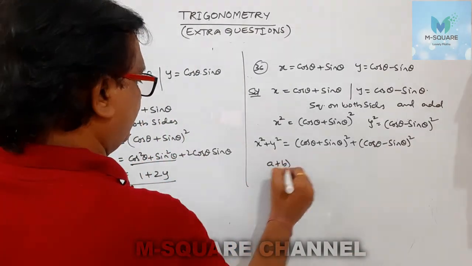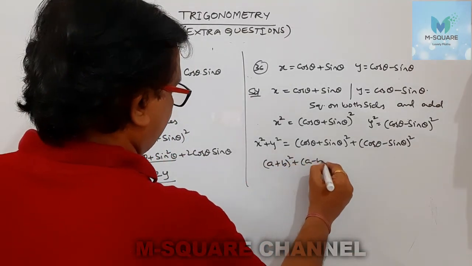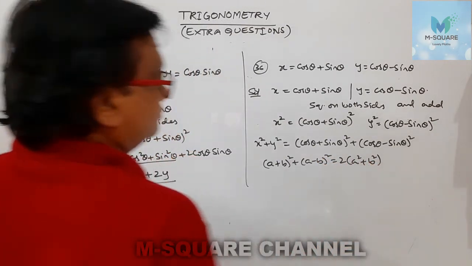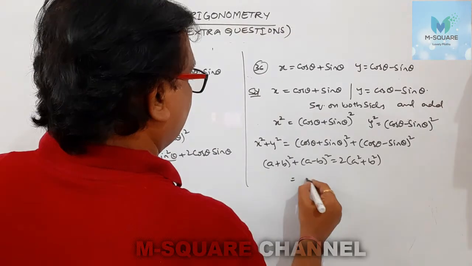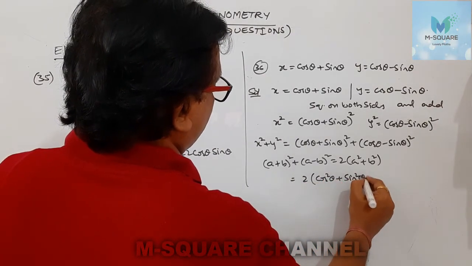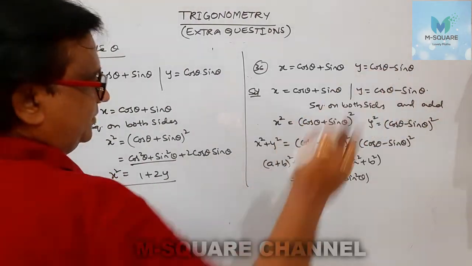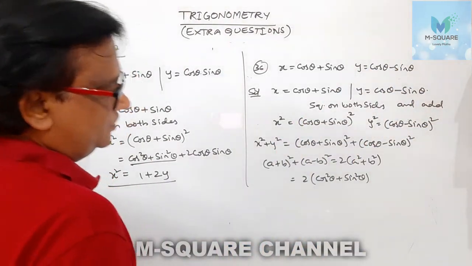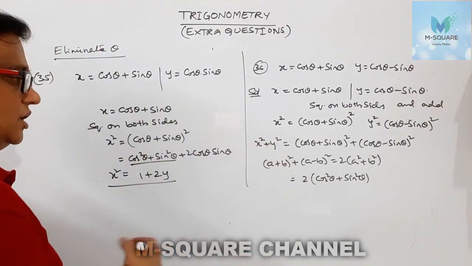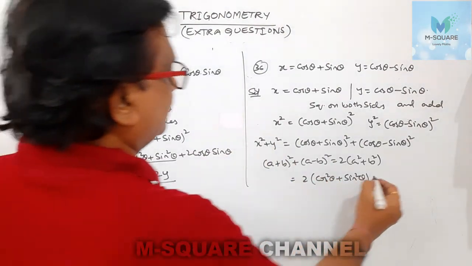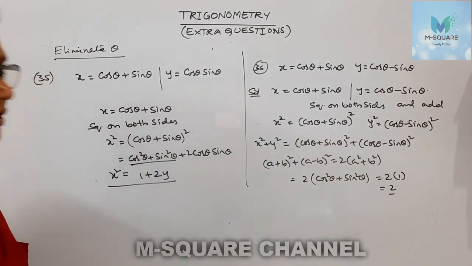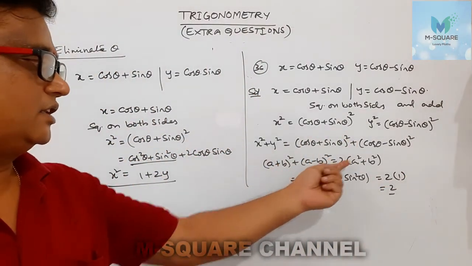So a plus b whole square plus a minus b whole square equal to 2 into a square plus b square. So here 2 into cos square theta plus sin square theta. You can expand it; 2ab will be cancelled. So 2 cos square theta plus 2 sin square theta. 2 common, so finally we get this answer. Otherwise you can utilize the formula, because it is time saving. If you know that formula, immediately write it.